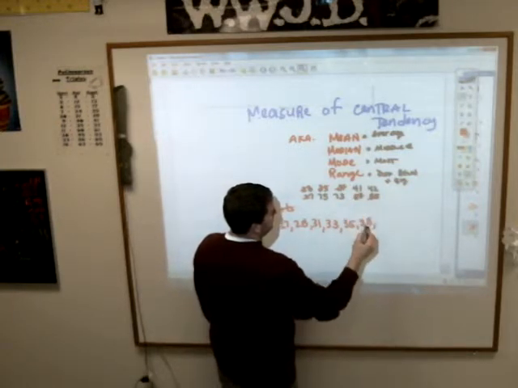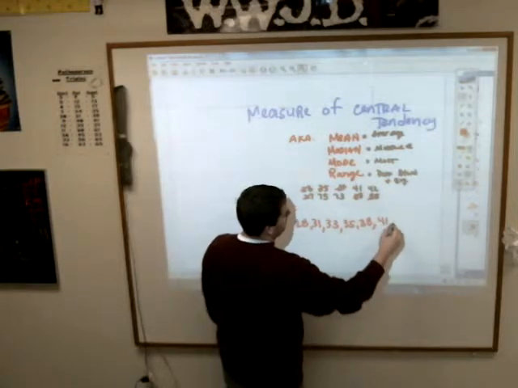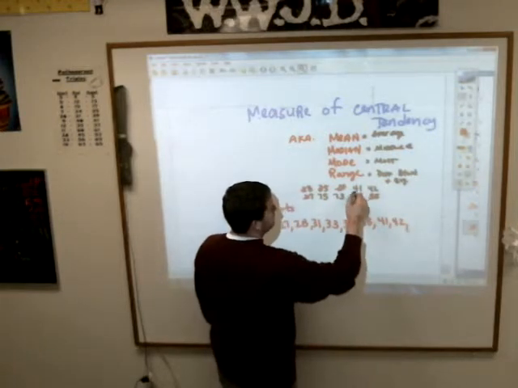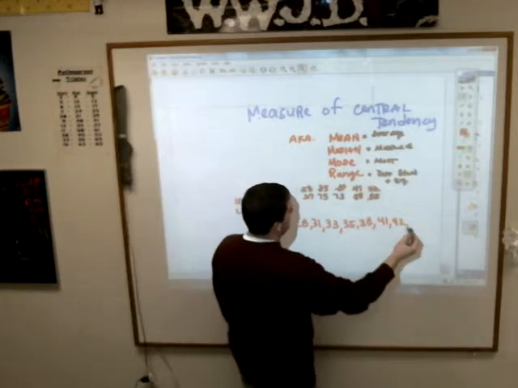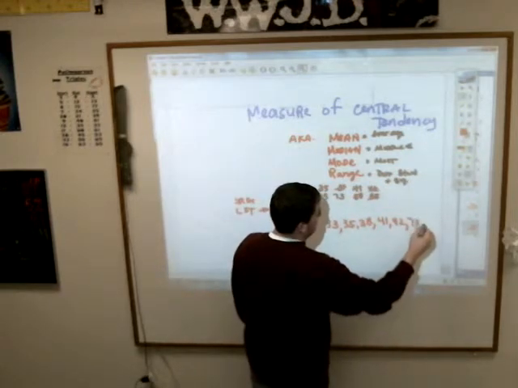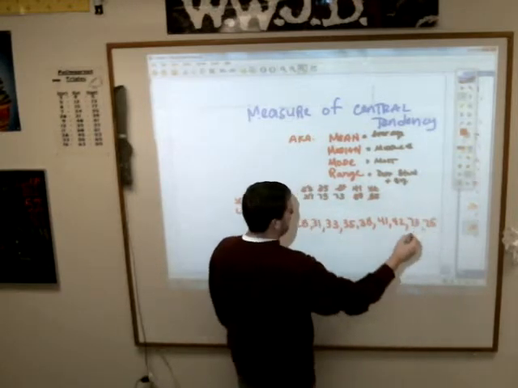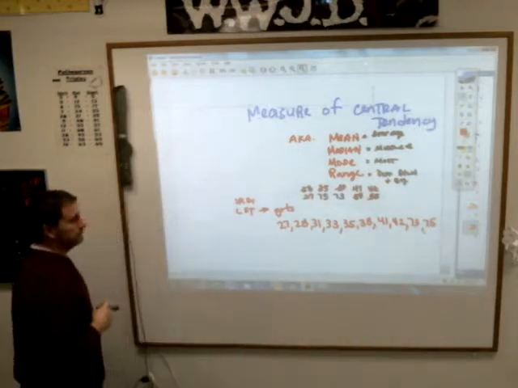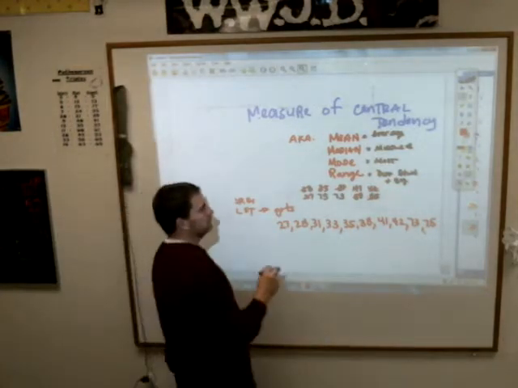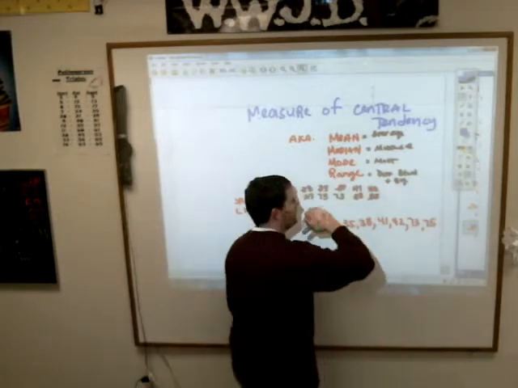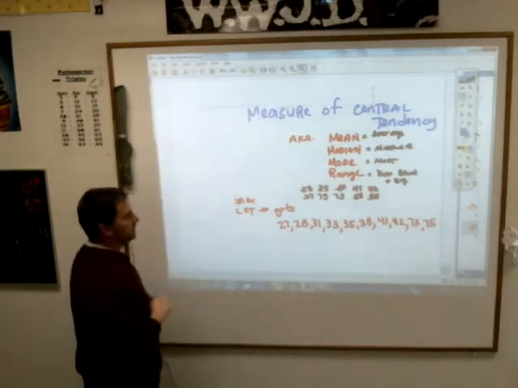I missed one. 41, 42. I must be old because I haven't fit in here till after all those. 73, 75. Just as a review, because lesson 7 was a long time ago.